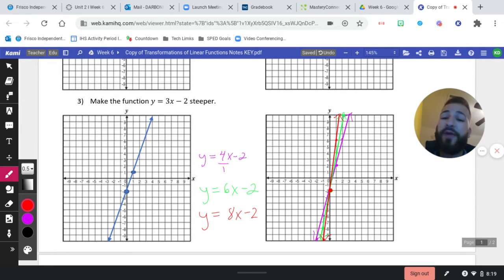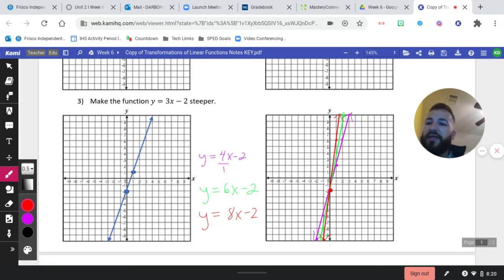Say we had negative 3x, we'd make it steeper by going from negative 3x to negative 4x to negative 6x to negative 8x. So increasing the slope, making it a higher whole number, essentially getting further away from 1, or further away from 1 is going to make it a steeper slope.